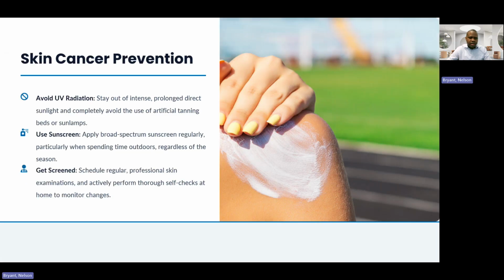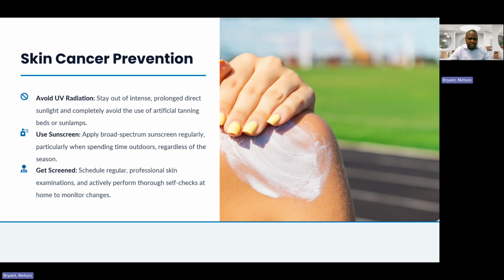All right, and this is our final slide, which focuses on health promotion and prevention. What would you educate your patient to prevent, for example, skin cancer? It's about avoiding UV radiation from tanning beds or excessive sun exposure, because we talked about this as being one of the common risk factors.